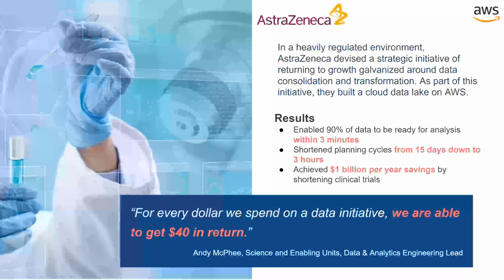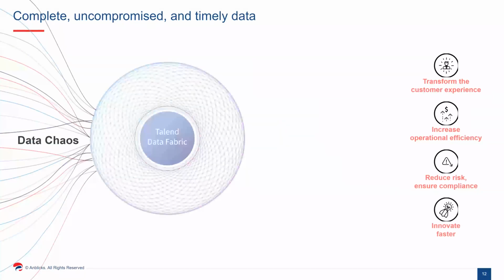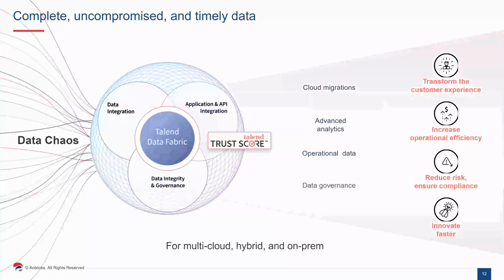Next slide, please. We at Talend have helped our customers to have complete, uncompromised, and timely data. We help the customers with our Talend data fabric to manage the data chaos that they have. We are able to ingest their data quickly from any data source. We know that the challenge is actually data ingestion.